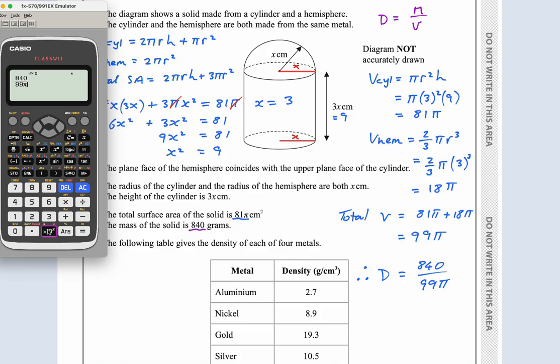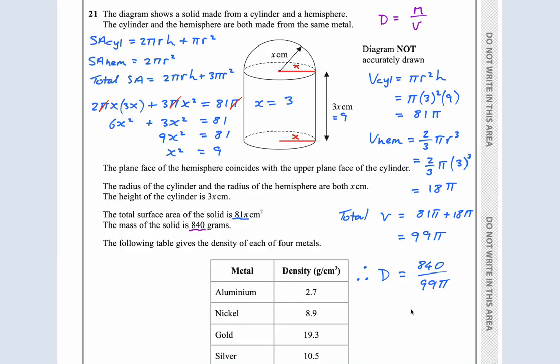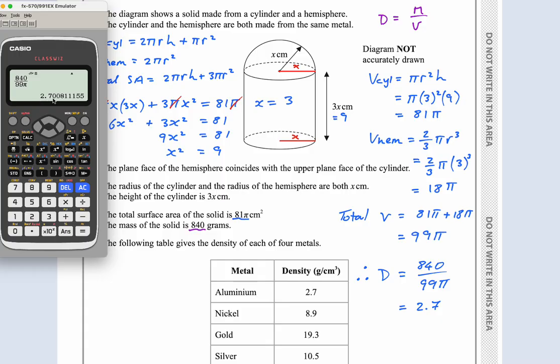Keep everything in terms of pi, guys. You can turn it into decimals if you want. And this gives me 2.7008, which is this one. So that's 2.7 equals 2.7. It's 2.7 to two decimal places, so it's 2.7.